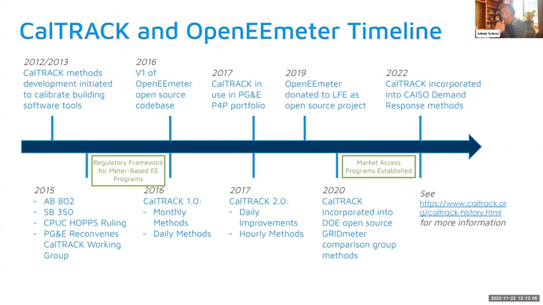Now, fast forward to 2015, and AB 802 passed in California, SB 350 passed. AB 802 established existing conditions baselines as the default in California. Before that, it was code baselines. And for those of you familiar with the energy efficiency world, when you have existing conditions baselines, the meter-based change in consumption that you would measure is directly applicable to the savings that you can claim for a program.